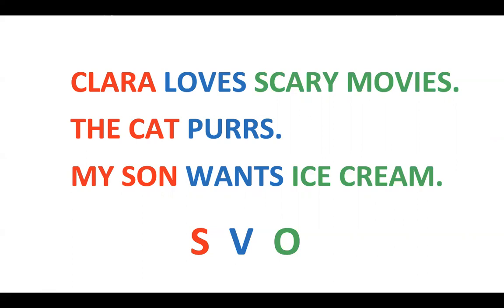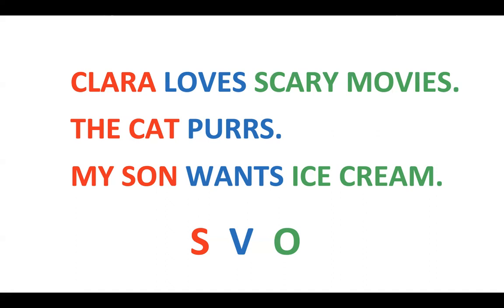So in these sentences, the words that are in red at the beginning are the subjects. Clara, the cat, my son. The words that are in blue are the verbs. Loves, purrs, wants. And the words in green are the objects. Scary movies, ice cream.